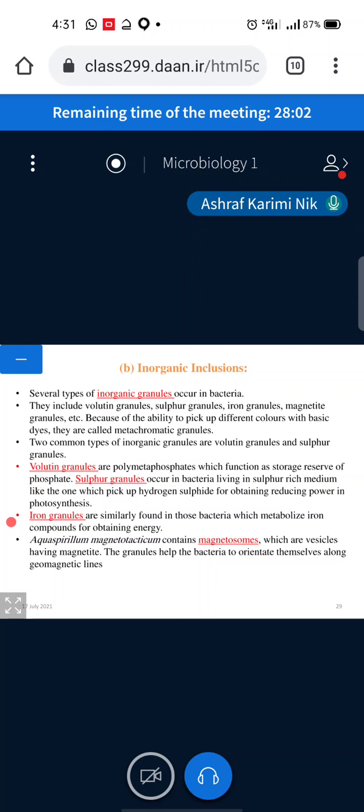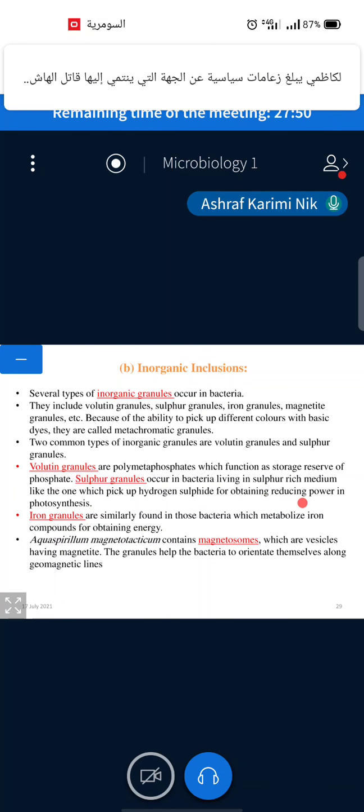Sulfur granules occur in bacteria living in a sulfur-rich medium, like those which pick up hydrogen sulfide for obtaining reducing power in photosynthesis.